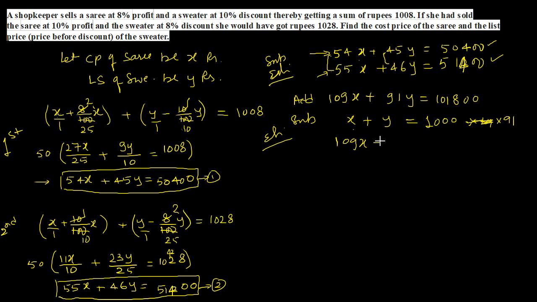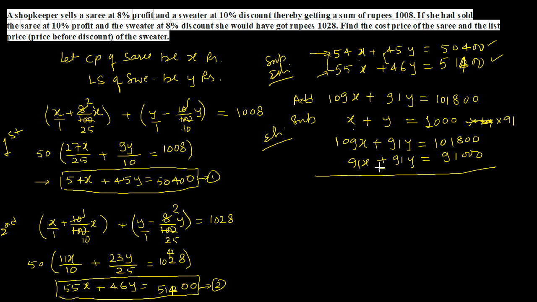109x, first equation I am writing that so that I can perform some operation and simplify. Multiplied by 91 this will be 91x, 91y, 91 into 1000, automatically it is 91,000. So we'll subtract, because I need to get rid of one of the variables. If I subtract, what happens here?